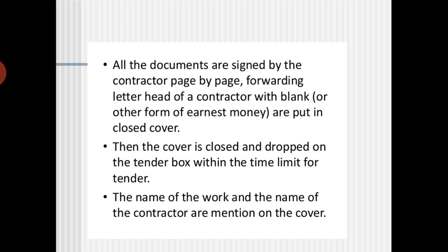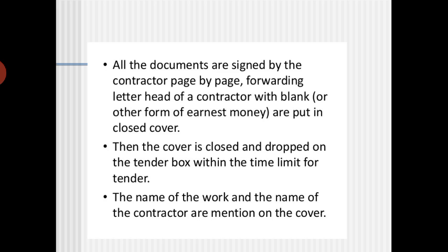See, normally this is a very important statement. Whenever the tender document is there, there is a blank letterhead of the contractor, and it should be signed. Do not write anything. It is like a security agreement, whichever they can put on that document, and it has to be signed by the contractor in those tender documents.